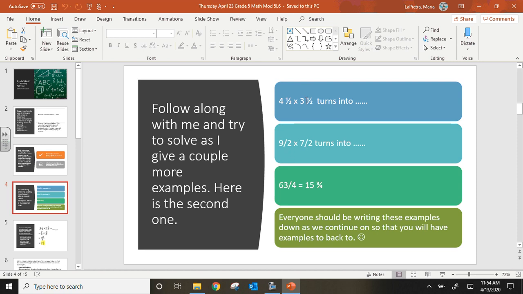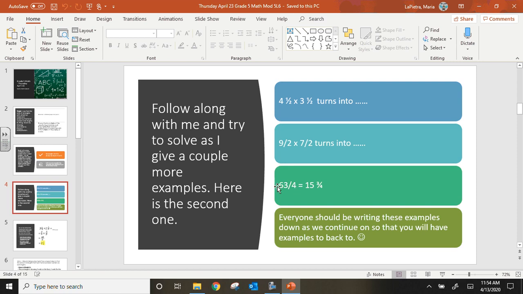Times your 3 1/2, which is now going to be 3 times 2 plus 1 is 7, and again, it's going to go over your denominator, 2. So now you've got 7/2. So 9/2 times 7/2 gives you, multiply across your numerators, multiply across your denominators, and you now have 63/4.